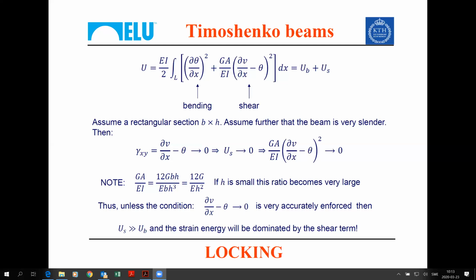You take a simply supported beam, you load it by a concentrated force at the middle or by a uniformly distributed force. You maintain the force, you maintain the span, the length of the beam, and you gradually reduce H. If what you obtain is reasonable, so the displacement grows bigger and bigger as H is reduced, then your beam works properly and the locking effect has been dealt with.